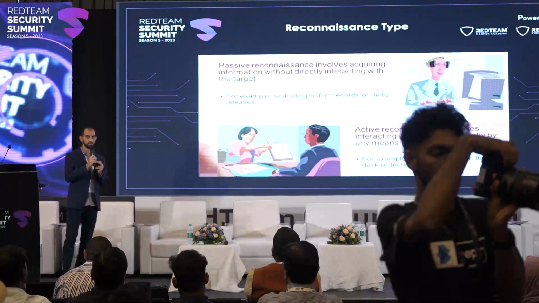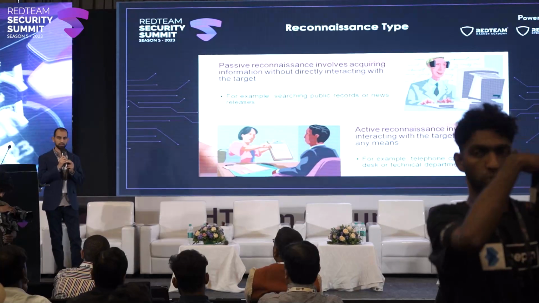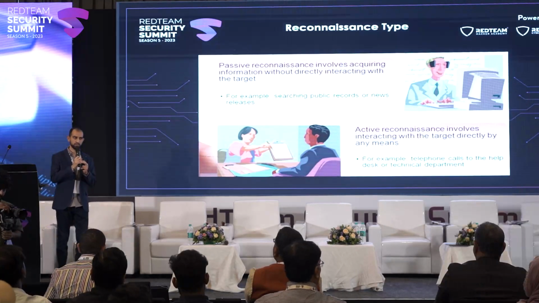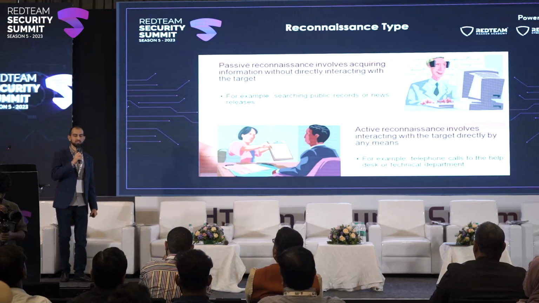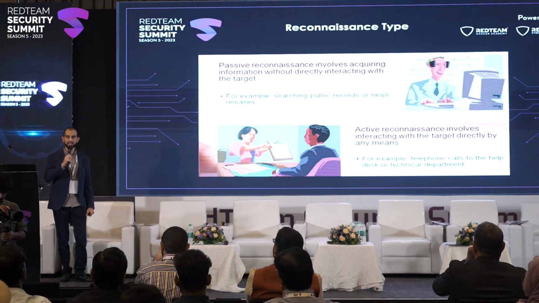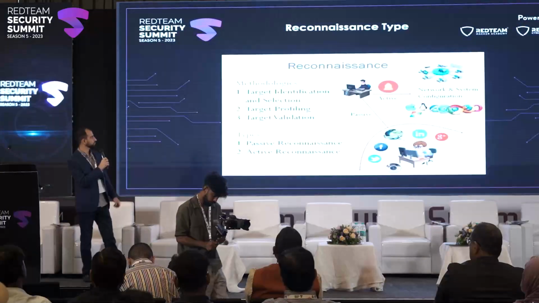If you go physically and assess the surroundings of the bank, it's also passive reconnaissance. But if you enter the bank and talk to the receptionist, this is called active reconnaissance. Active reconnaissance simply means anything that involves interaction between you and the target, for example, accessing their website, checking their requests, pinging the domain.